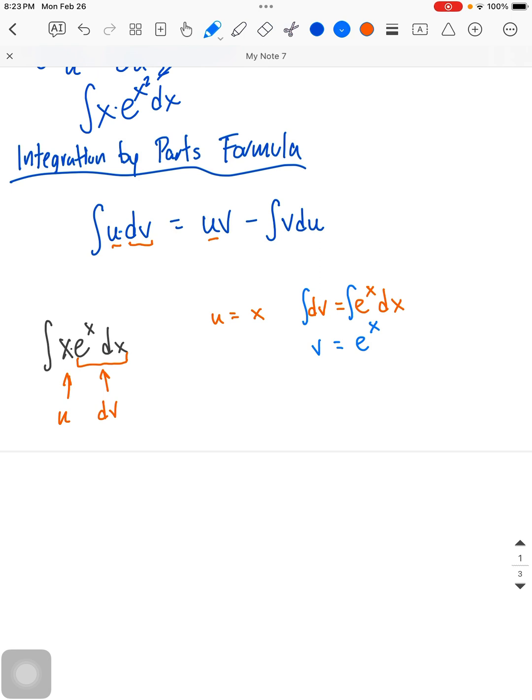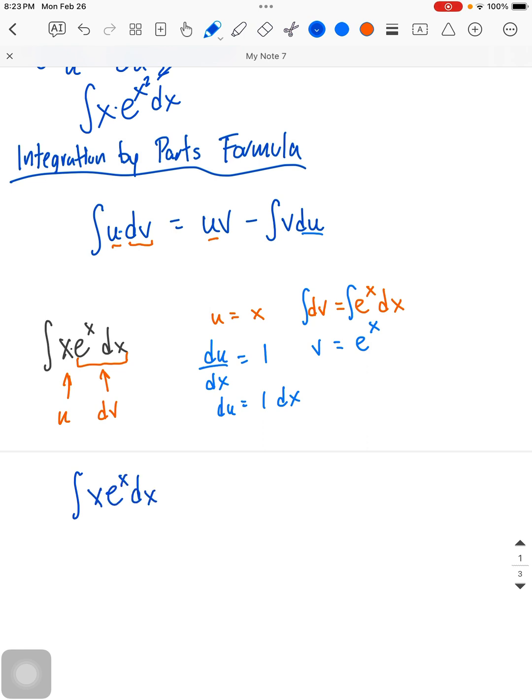All right. The other thing I'm going to need just later on is du. So just so you know, du dx is equal to 1, which means that du would be 1 dx. So with all of these functions, I'm actually going to apply the formula right now.